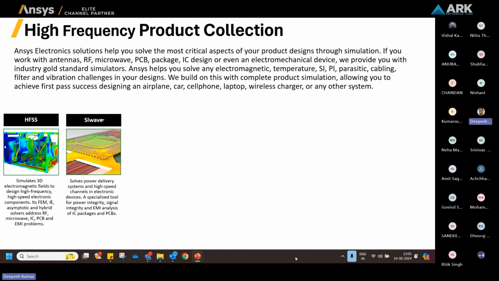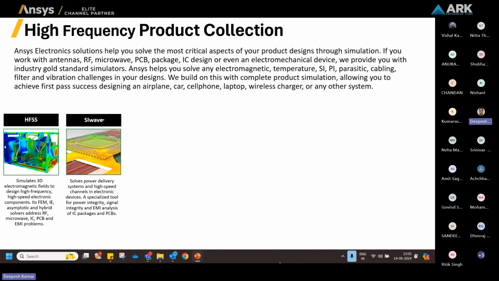It has different solvers like FEM and IE, which are full wave solvers. We also have asymptotic, which is shooting and bouncing rays, like light rays traveling and reflecting back from metallic or other surfaces. That kind of analysis is also possible. We can also integrate these solvers to solve complex problems of the RF environment, and that approach is called the hybrid approach.